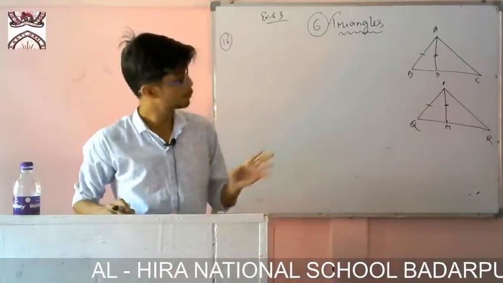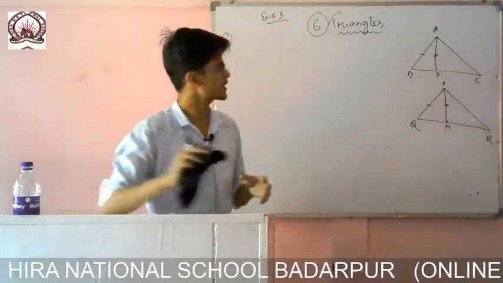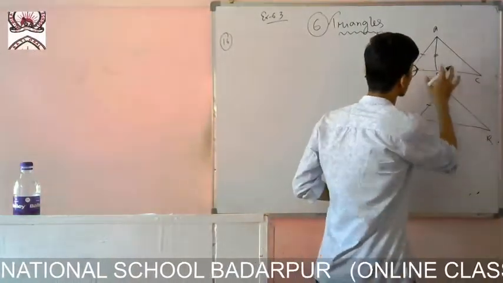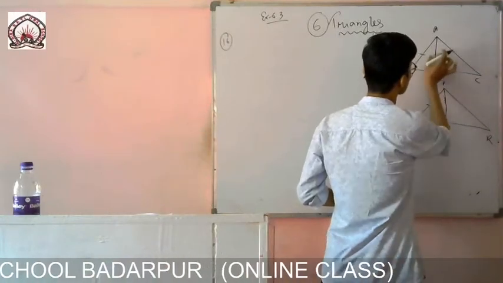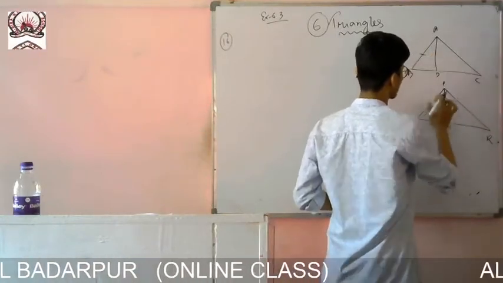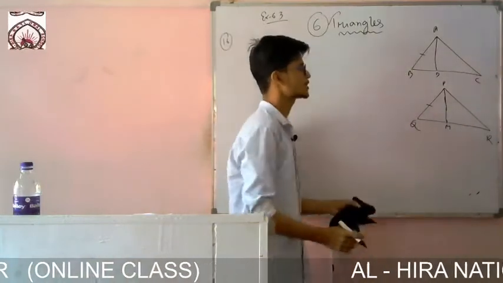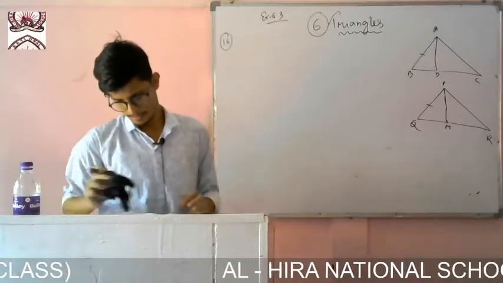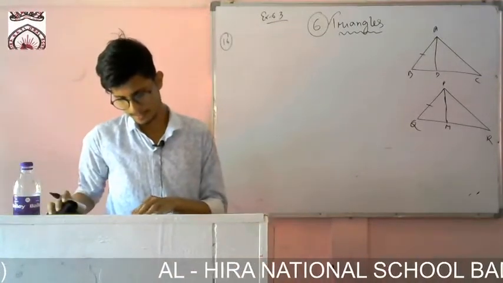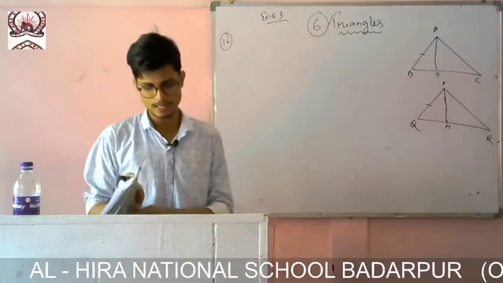It is given in the question that AD and PM are medians of triangle ABC and PQR respectively, where these two triangles are similar.